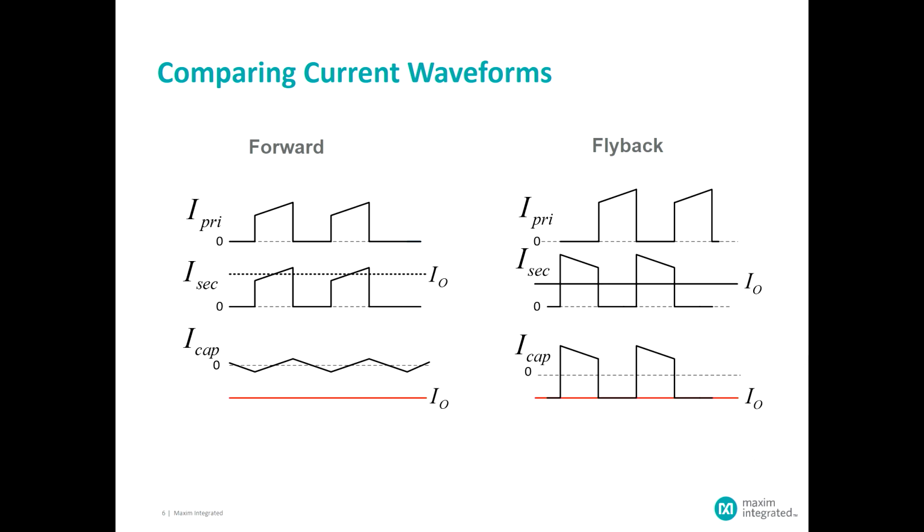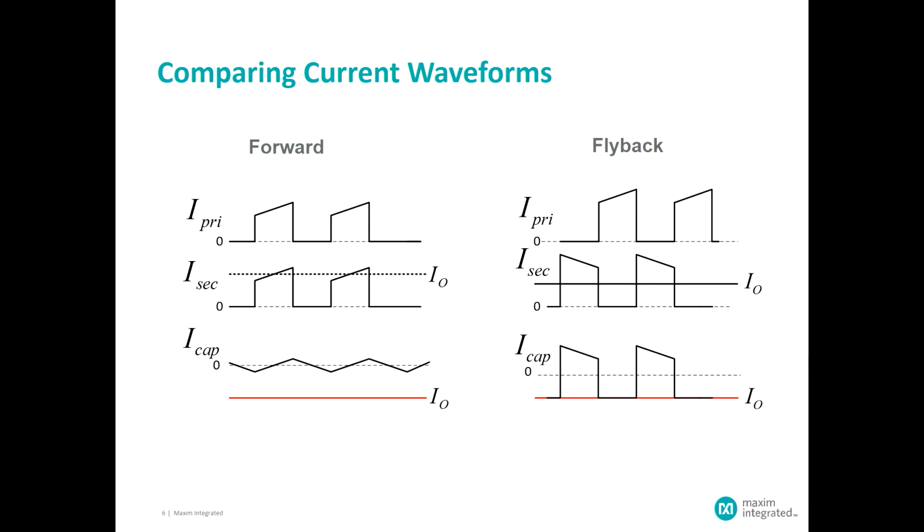The flyback, remembering again, it's a two-step process. If you look at the primary current, when you close the primary switch, you generate current that ramps up. During that time, that energy merely goes into increasing the energy stored in the transformer's inductance. In the secondary, you can see that during that time, there's zero current flowing because the secondary rectifier is blocking current in the polarity that it would have to be to conduct.